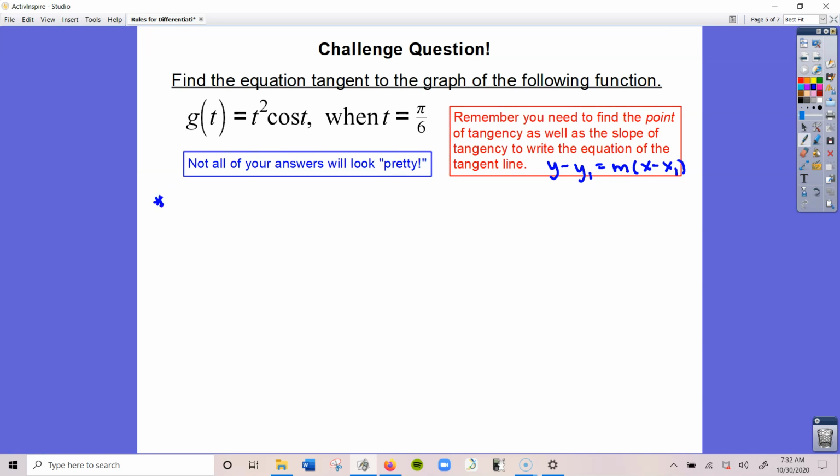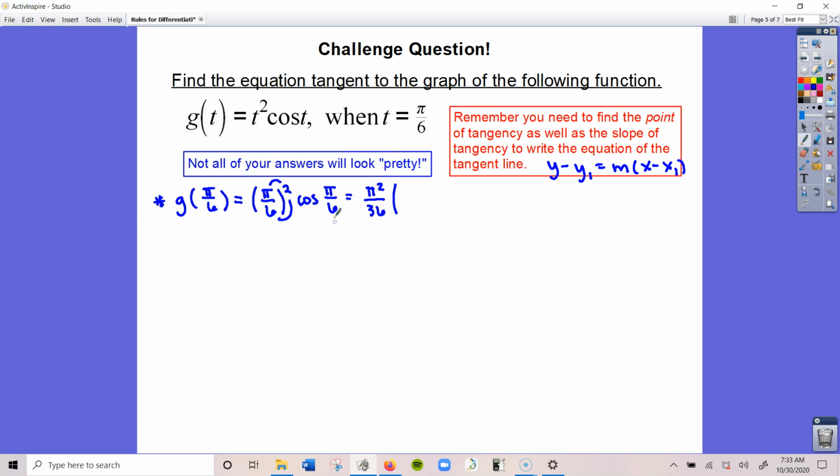So first, let's find the point. That means that I'm going to plug in pi over 6 into my function. This will give me my point of tangency. So we have pi over 6 squared times the cosine of pi over 6. When you are squaring a fraction, you're basically applying the exponent to both the numerator and the denominator. So pi over 6 squared is pi squared over 36.